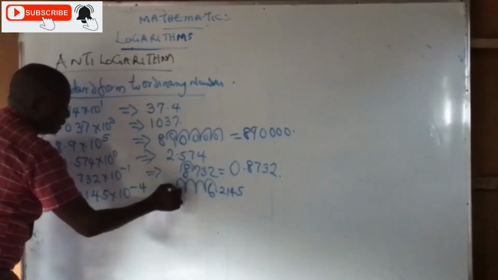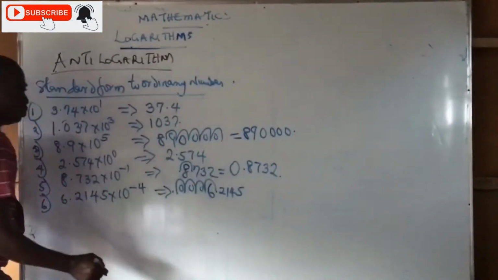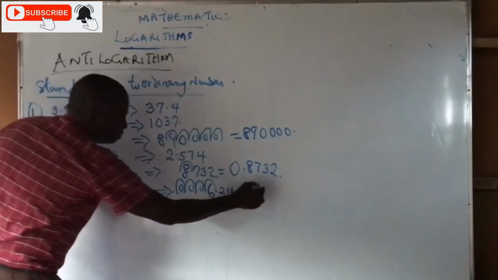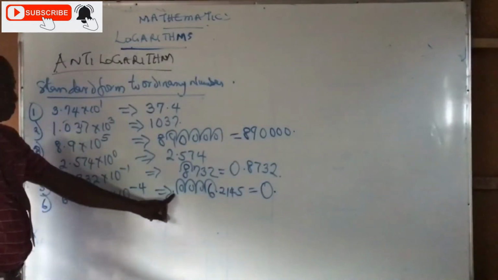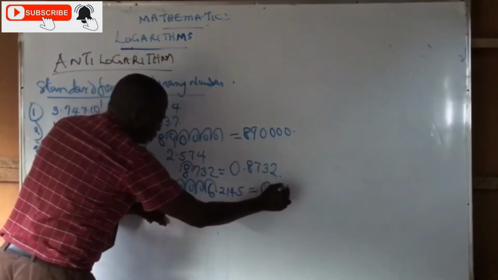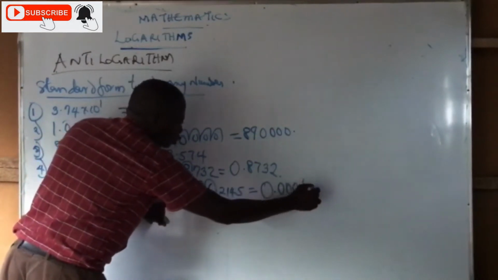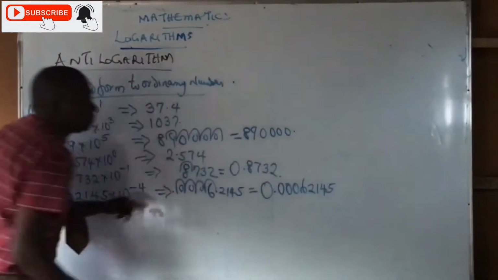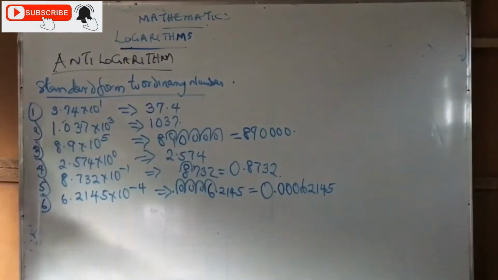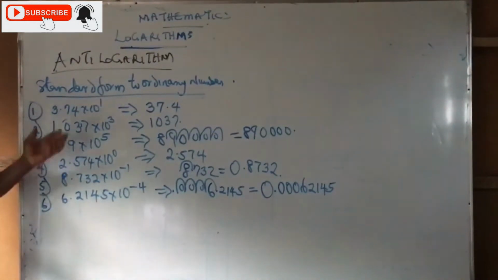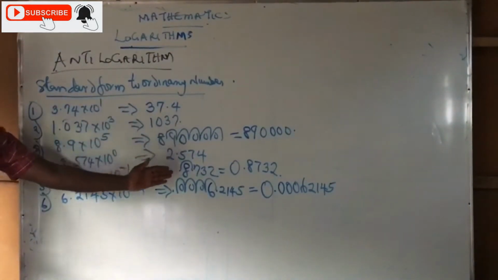The point will now be here. You slot in 0. This will now be 0.00062145. That is the way the number is written from standard form to ordinary number.